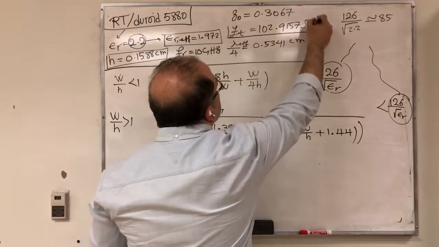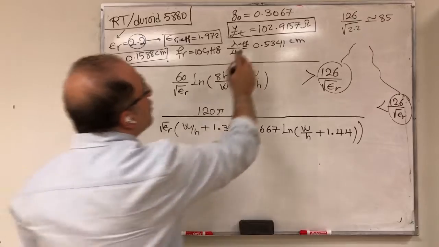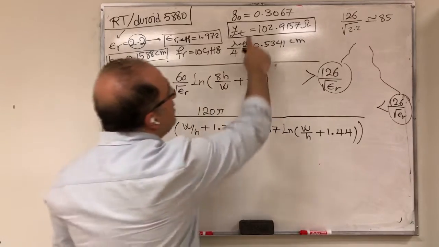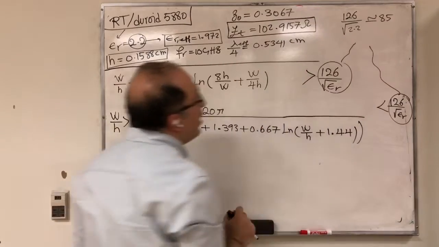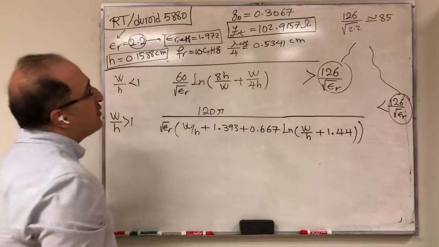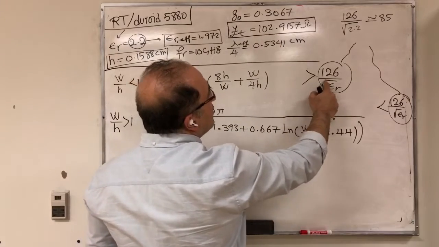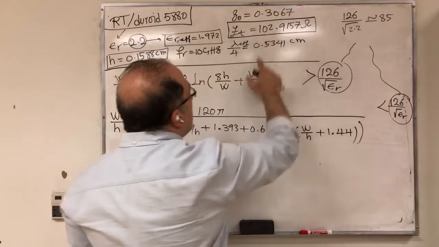This is the characteristic impedance of your transformer, which is 102. If you look at your 102, you realize immediately that it is greater than 85. So that gives you an indication of which equation to use. Because it is greater than 85, I'm not going to use that one, because that is for smaller than 85, so I'm going to use this one.